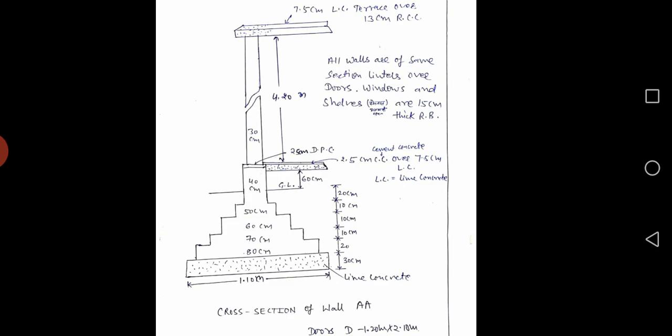That means 7.5 centimeter lime concrete with the cover or finishing by 2.5 centimeter cement concrete.